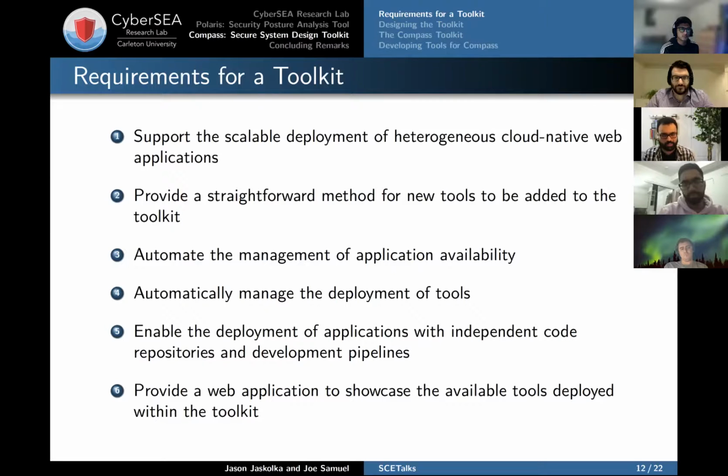And we also want to enable the deployment of applications with independent code repositories and development pipelines, right? This means that if you're developing a tool, you get to own that code repository and the process associated with it. So things like issue management, CI/CD (continuous integration and development pipelines), wikis, and so on.